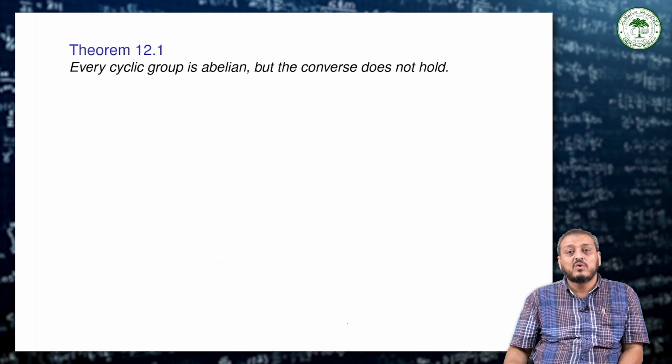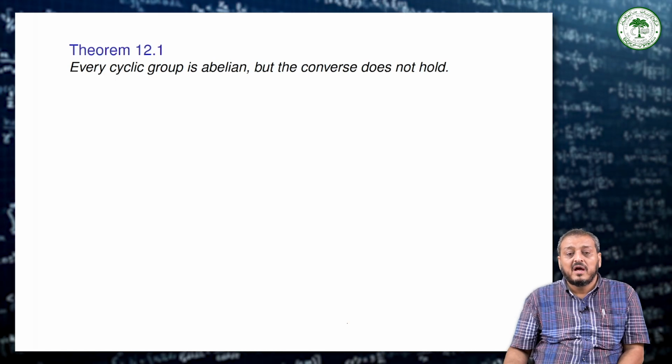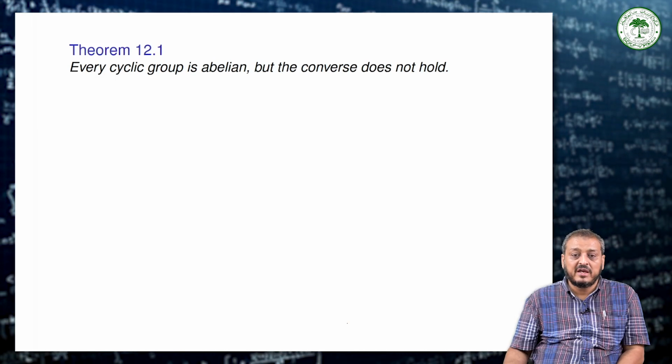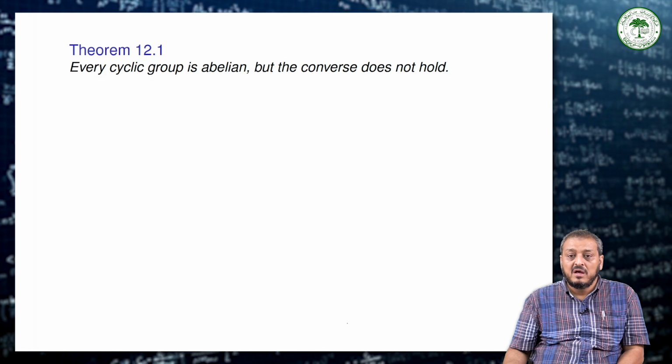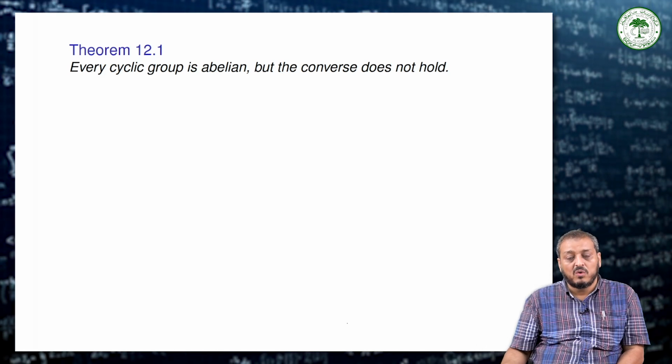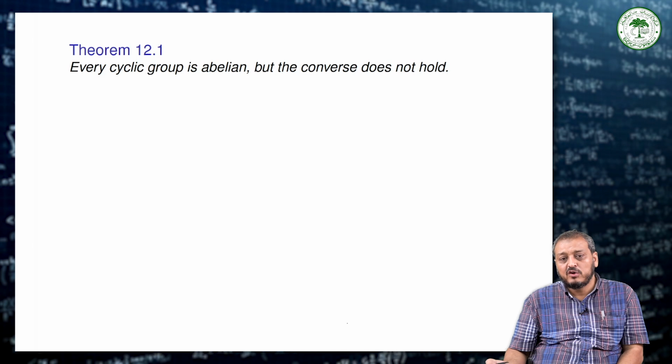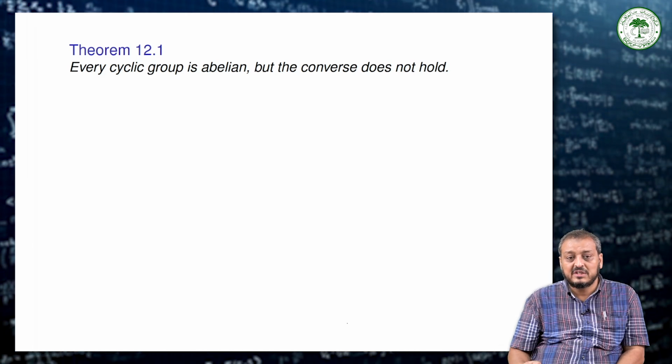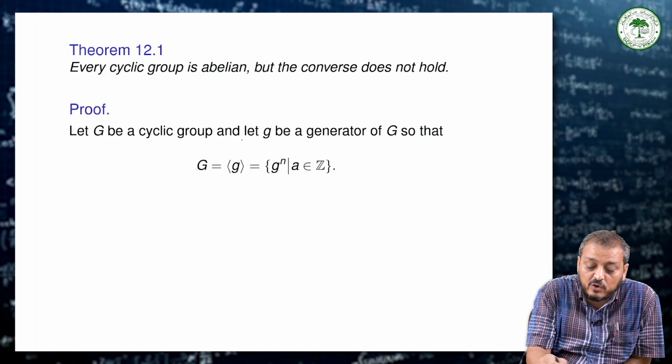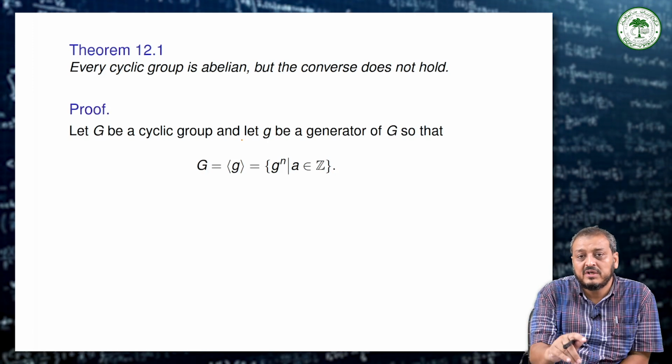Now we have to prove a result which says that every cyclic group is abelian, but the converse does not hold. So we show that every cyclic group is abelian. We first take G to be a cyclic group. If it is a cyclic group, then it has a generator.